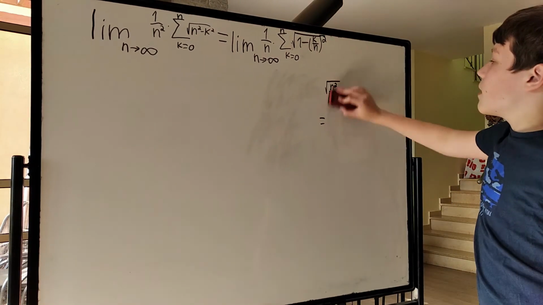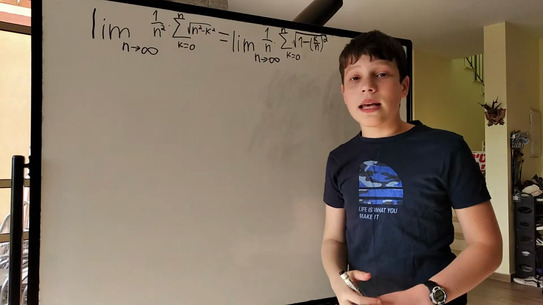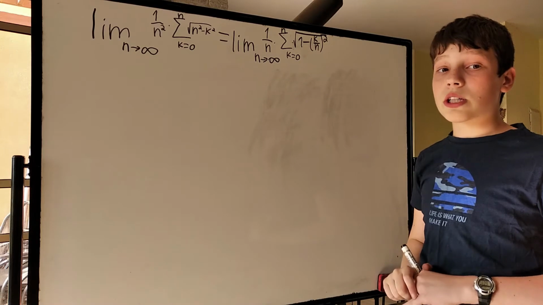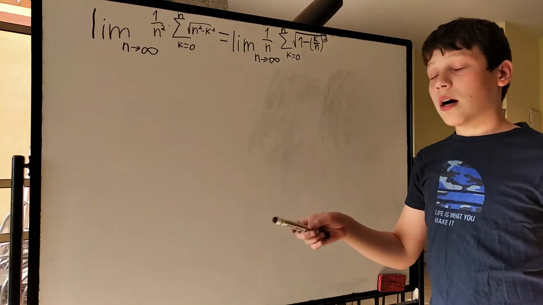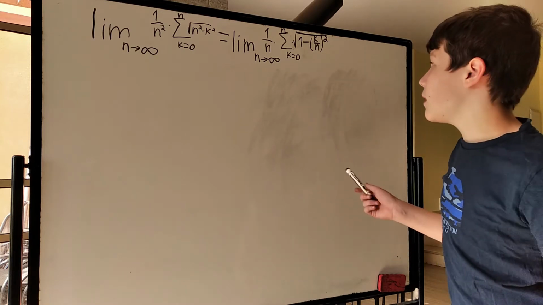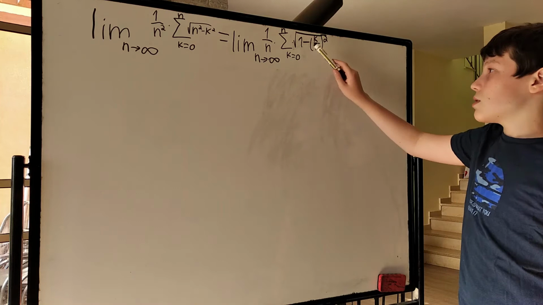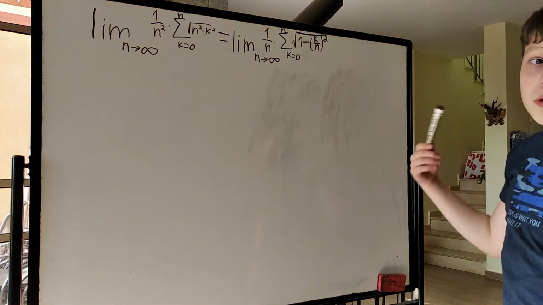Alright, now that we have this, let's look at how it looks geometrically. Maybe we'll look again on the xy plane, if this k over n was x, and the square root of 1 minus k over n, that thing squared, was y.